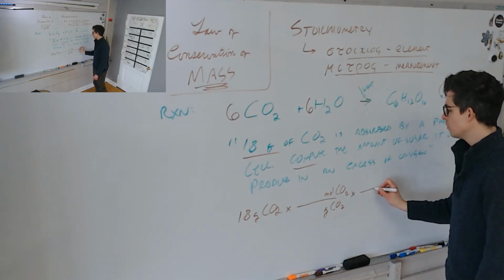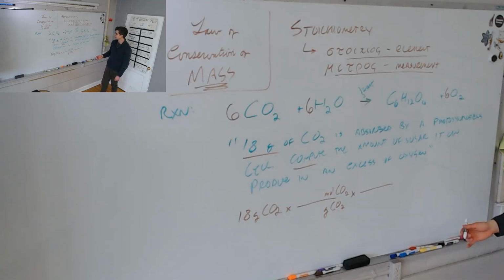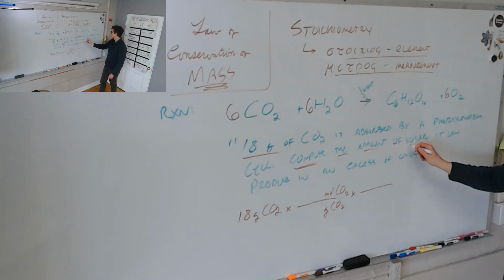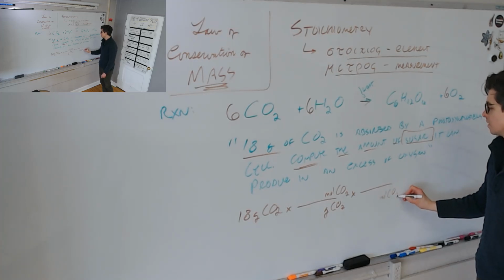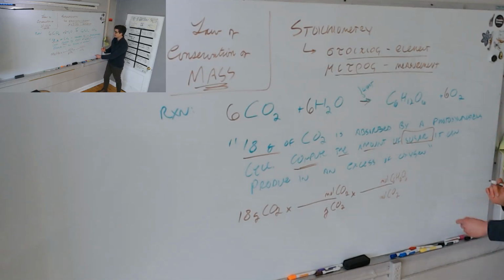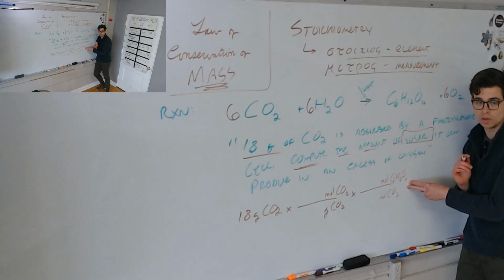So what then will we do? Well, we don't want to be talking about moles of CO2. We want to be talking about the amount of sugar. So we're going to convert from moles of CO2 eventually to moles of sugar, C6H12O6. Label them both. Now I hope it's very clear why I want you to label your units.